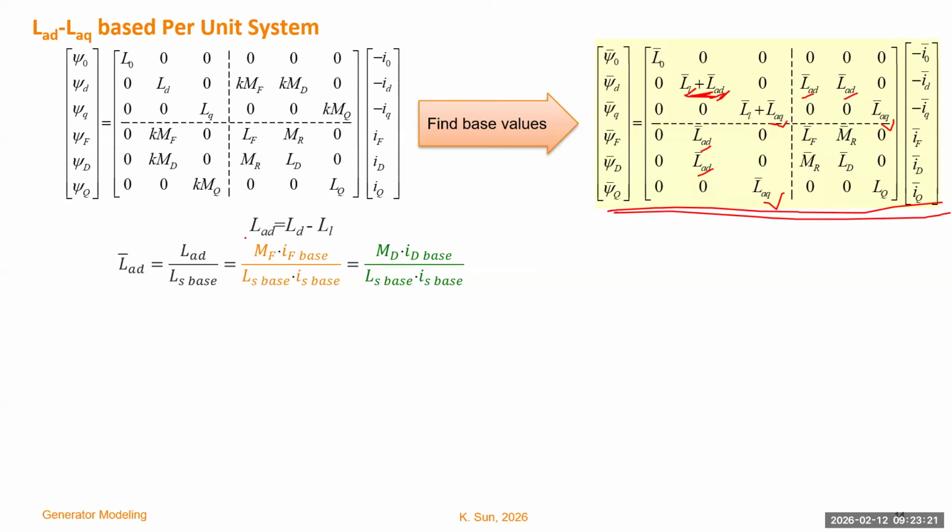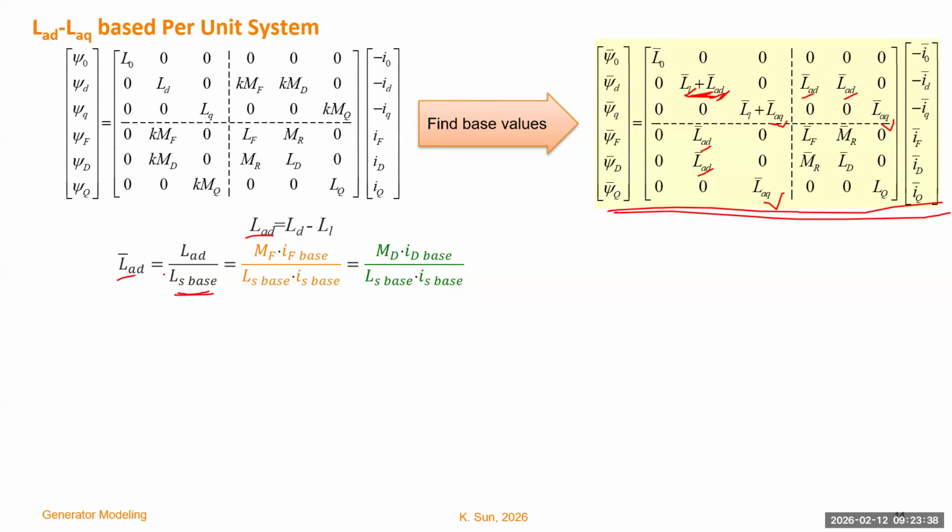Okay. So as I said, LAD is actually the mutual inductance in the D axis. So to calculate the per unit, it will be LAD divided by the stator inductance base.